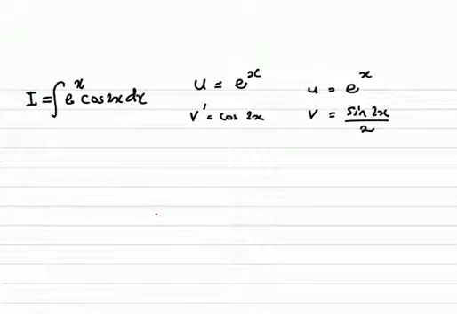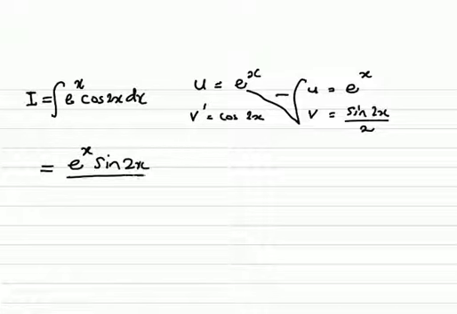Then if we start our process of integration, which we've already started here, we multiply our u and v, take this under the integral sign with the subtraction before the integral sign. So this integral is going to be e to the power of x sine of 2x over 2 minus the integral of e to the x sine of 2x.